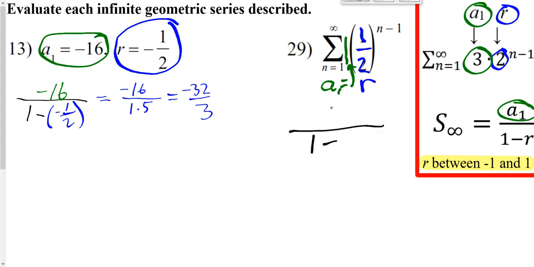Plug in our first term of 1, plug in r being 1/2, and we can use this because our r is between 1 and -1. So when you type this into your handy dandy calculator or work it out in your head, you'll notice you get 2. That's what you have to do for the sum of an infinite geometric series.